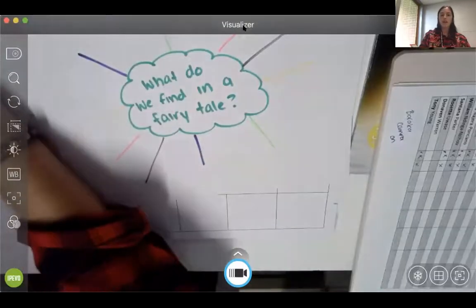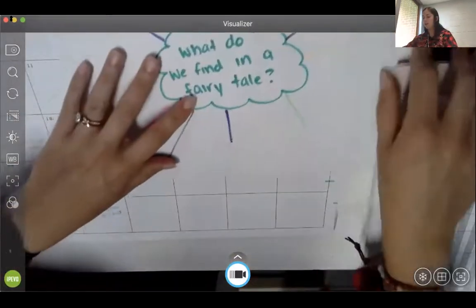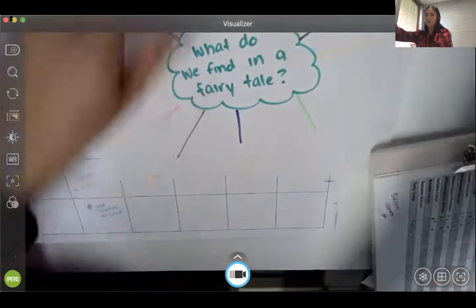So let's go back and think of some of those elements or things that we find in a fairy tale that you can also put in your fairy tale when you're writing, okay? So I'm going to share screen. All right, so we should see this right now. What do we find in a fairy tale?